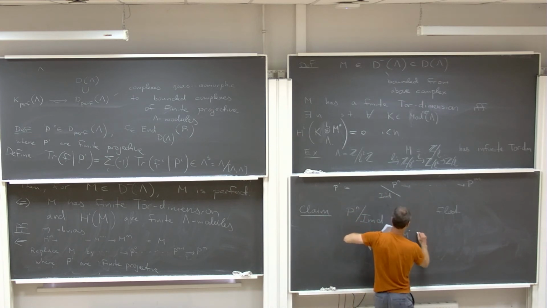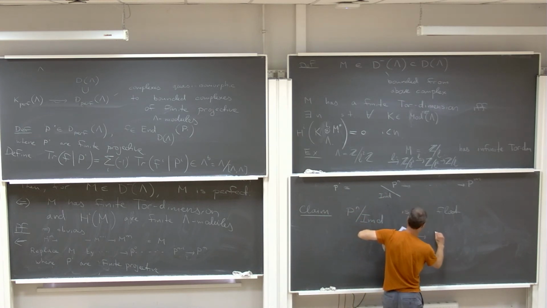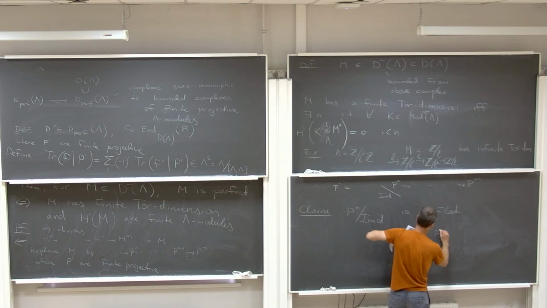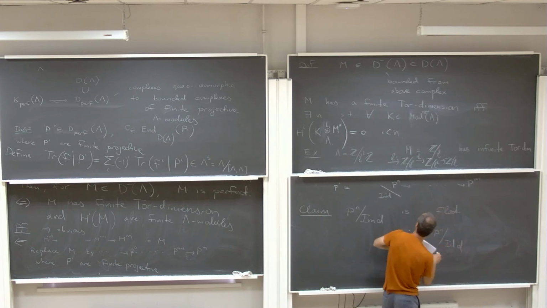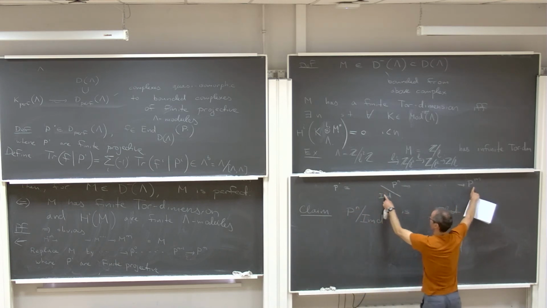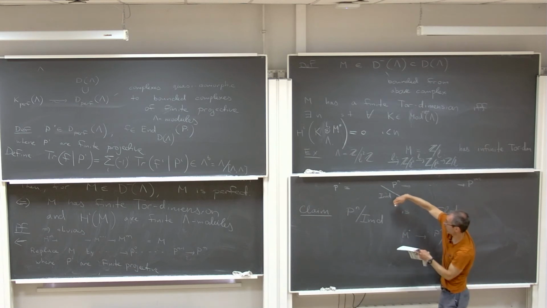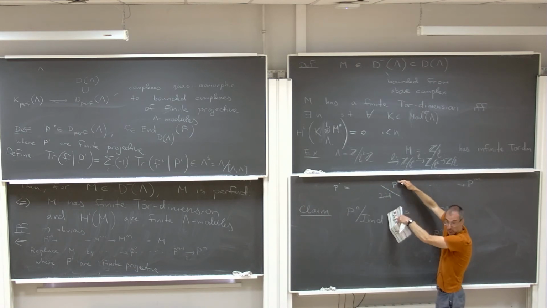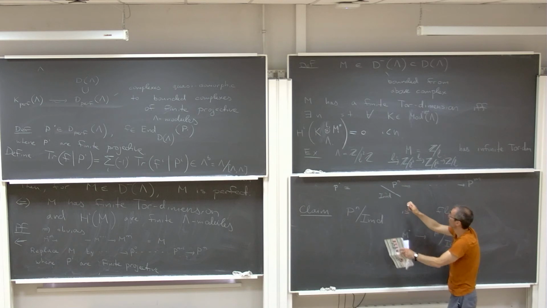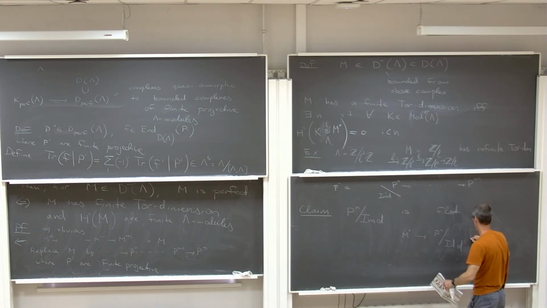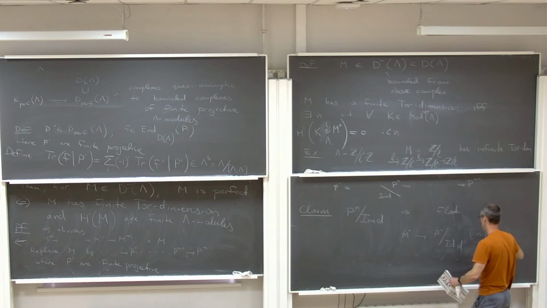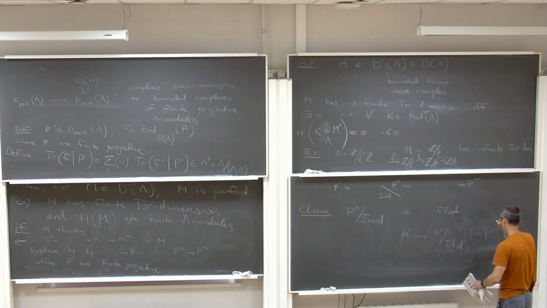So this maps to Pn modulo the image of the differential, right? Every complex, for example this one, maps to a complex supported in one degree, namely just this guy. It's supported in degree n. So I need to put n here, right? Right, in degree n.